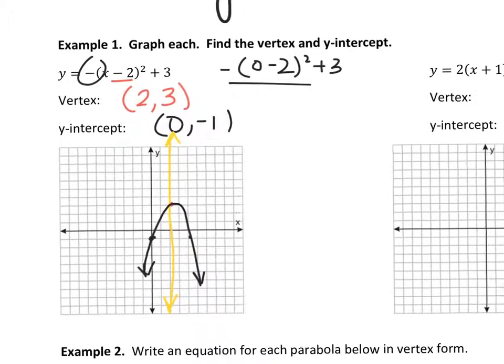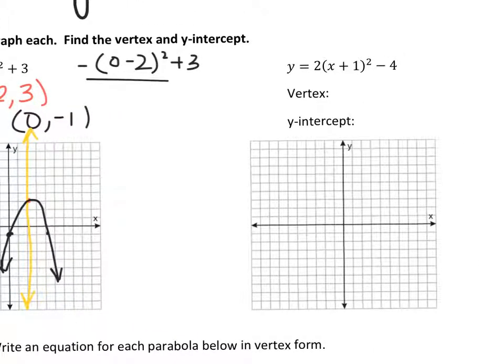Okay, second one, the vertex, this is in vertex form, has to be (-1, -4). And then again, the y-intercept, always for any function, whether it's linear, a quadratic, exponential, to find the y-intercept, plug in 0 for x. So when I do that, I get (0, -2).